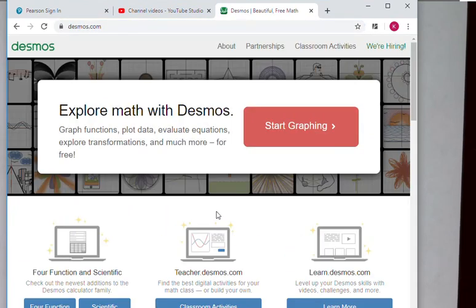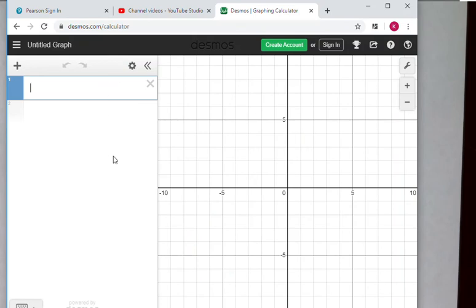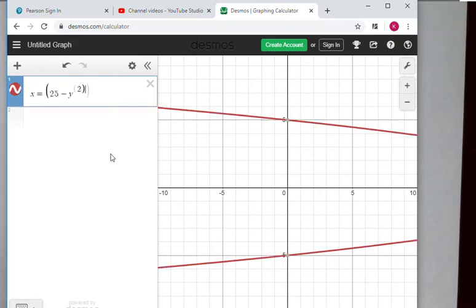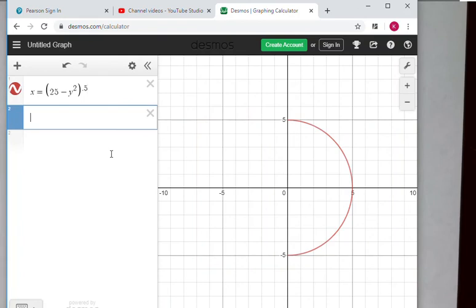But I'm going to do this on Desmos so that I don't have to worry about the fact that I've got functions that are solved for x instead of y. So I'd have x equals the square root of 25 minus y squared. And then I've also got x equals y minus 5 divided by negative 3.